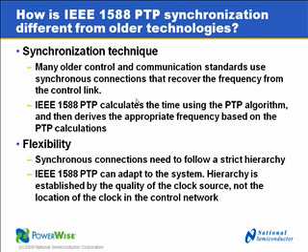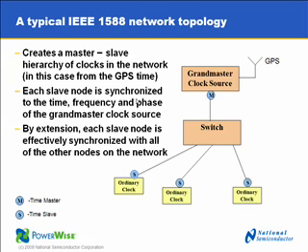One of the key advantages of 1588 is flexibility. These synchronous connections, such as were used in the older systems, need to follow a strict hierarchy, whereas the IEEE 1588 can adapt to the system. The hierarchy is established by the quality of the clock source, not the location of the clock in the control network.